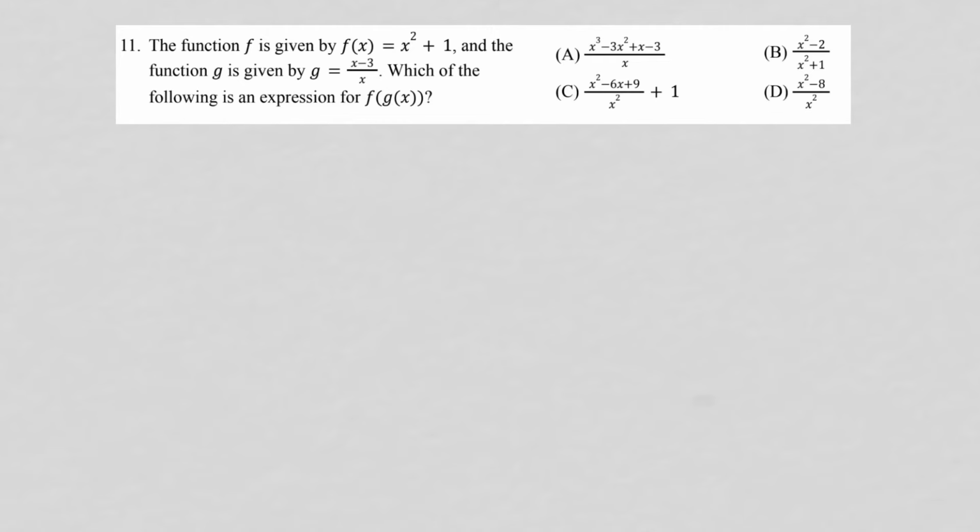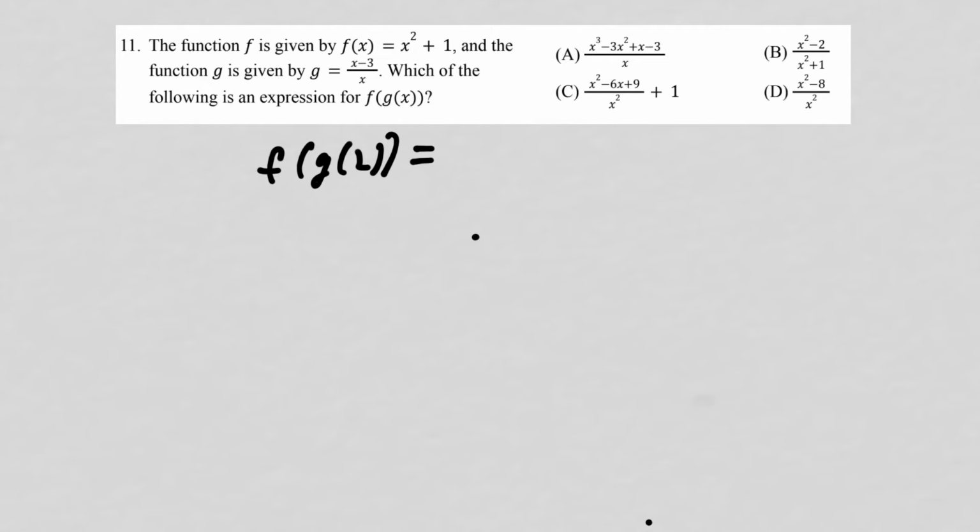Here's a function f and g. And f of g of x, well, I like to think of this as if it was a number. F of g of 2, for instance.